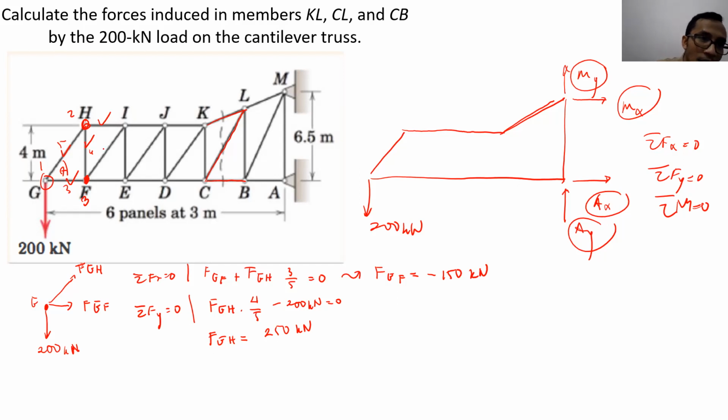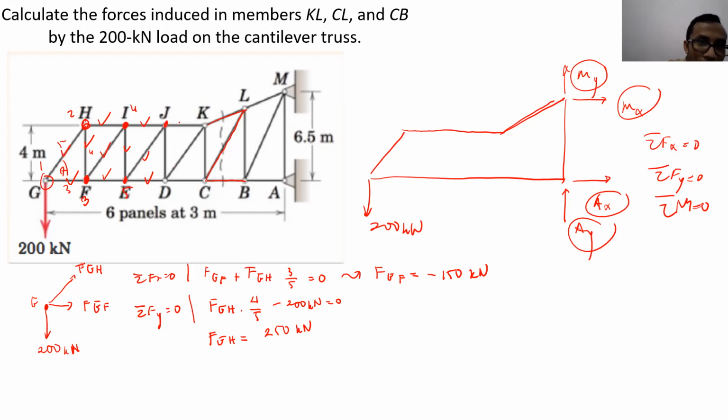From equilibrium at joint F, sigma Fx and sigma Fy equal to 0, we can solve for FI and EF. Then after that, joint I, correct. This one is number 4 to solve for this and this. Then joint E to solve for this and this. This one is number 5.